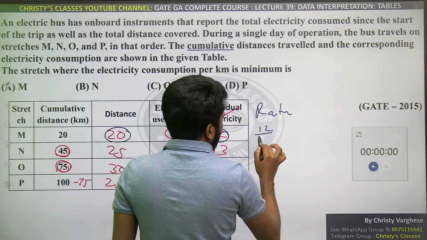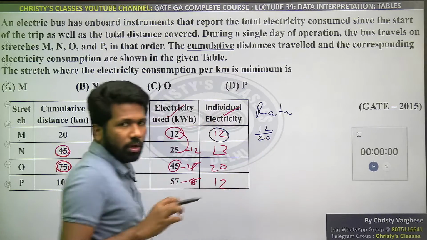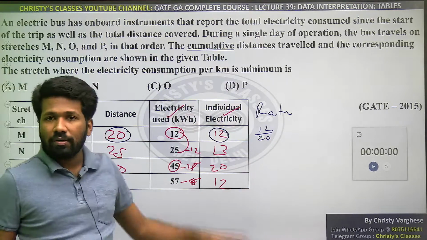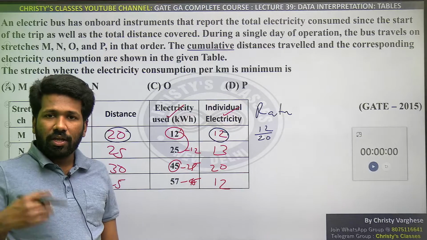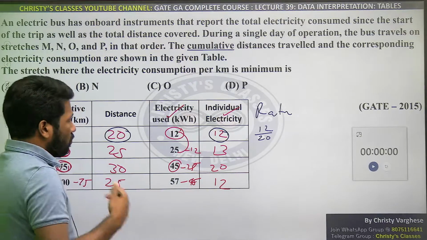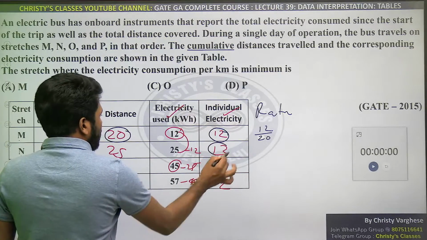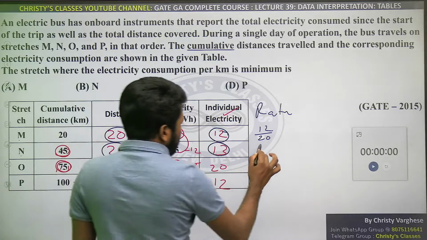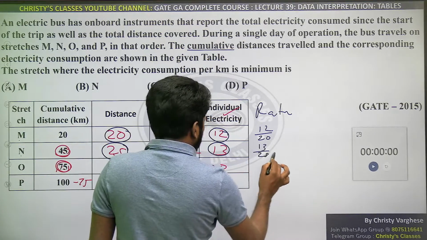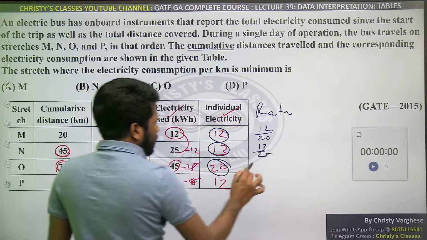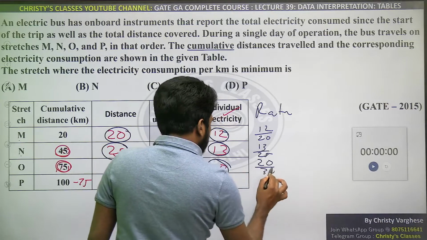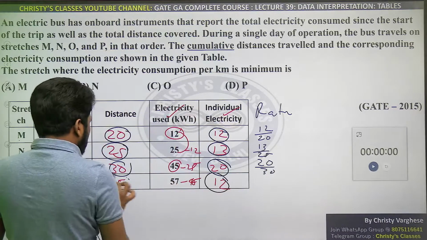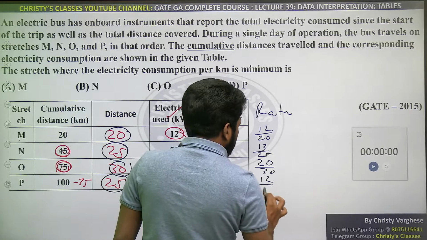So for 1 kilometer it is 12 by 20, that is, 1 by 20th of 12. That is the meaning. Similarly 13 by 25, individual values you need to compare. Similarly 20 by 30. Similarly 12 by 25.